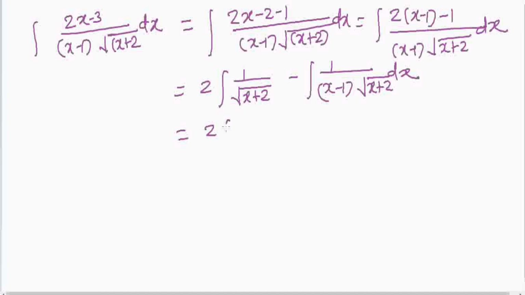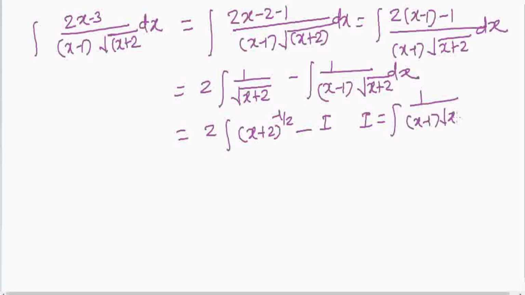2 into integration of, we can write it as x plus 2 whole raised to minus 1 by 2, and minus I, suppose. So what is my I? I is equal to integration of 1 divided by x minus 1 into under root of x plus 2 into dx. Then what is the integration of this?